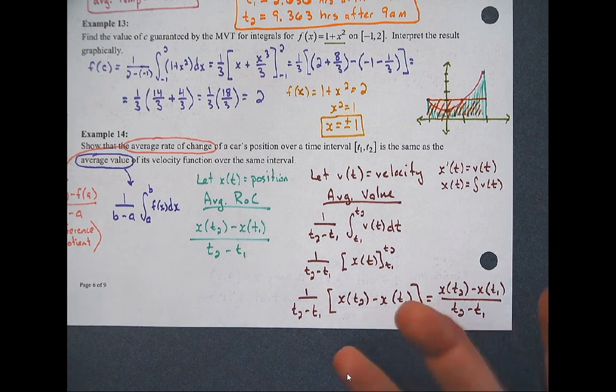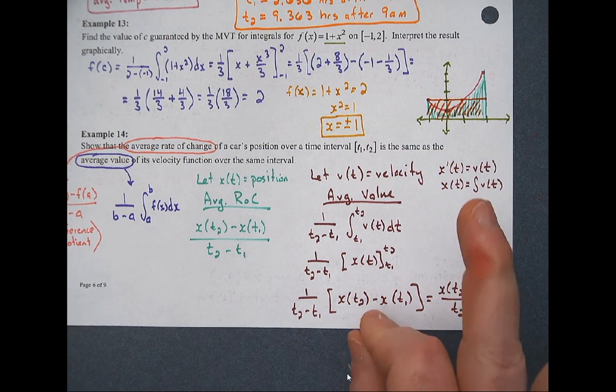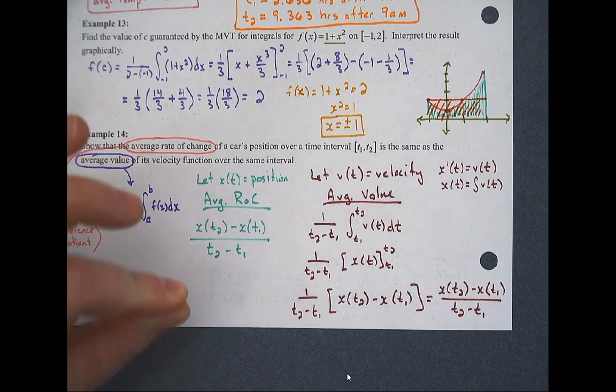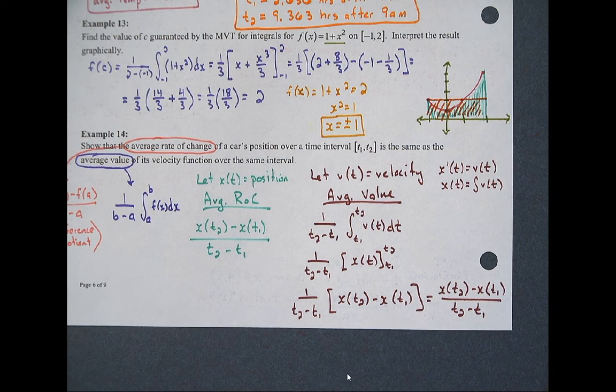So if you want to figure out the average value of velocity, that's going to be the exact same as the average rate of change of position. So it depends on how the question is asked. You've got to be a little careful, because both of these things could be used to calculate. Let me get a good color here.